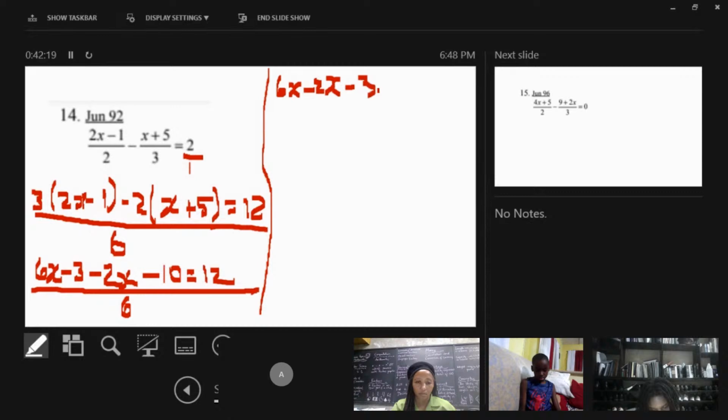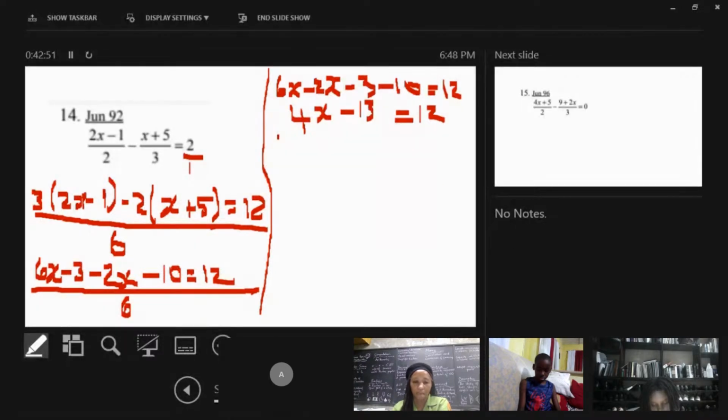And negative 3 minus 10 is negative 13, minus 13, is equal to 12. We don't have to put it over 6.